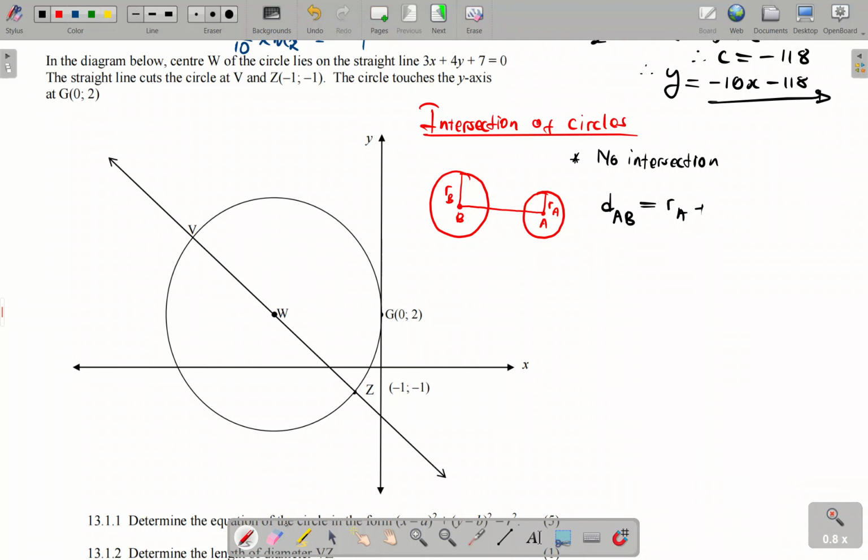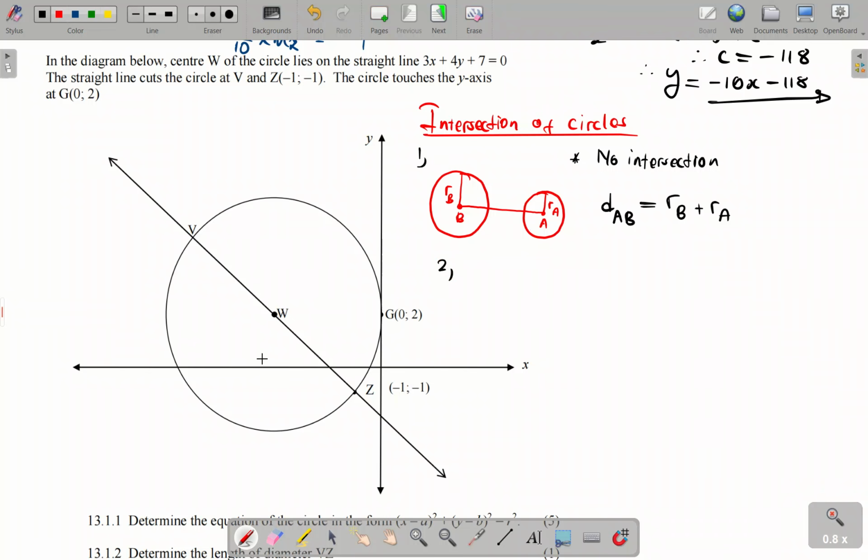So let me say RB plus RA. Since RB, you can see that this is the bigger circle, and RA, this is the small circle.